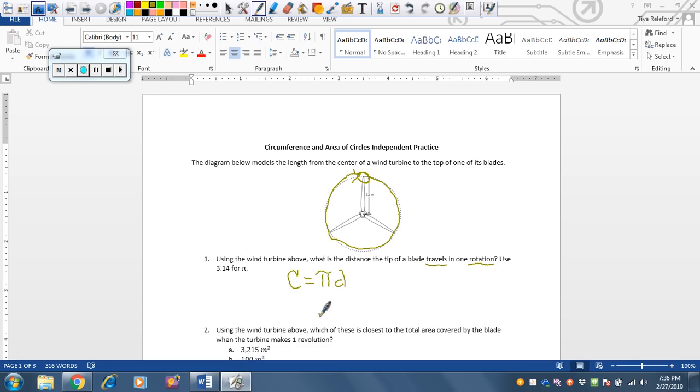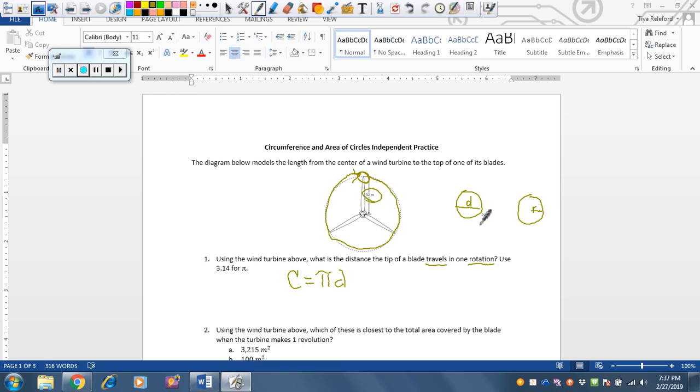Now I like C equals pi d. You can use the other one if you like, especially since this number is not the diameter, is it? Diameter goes all the way across. That number, 32, is the radius.